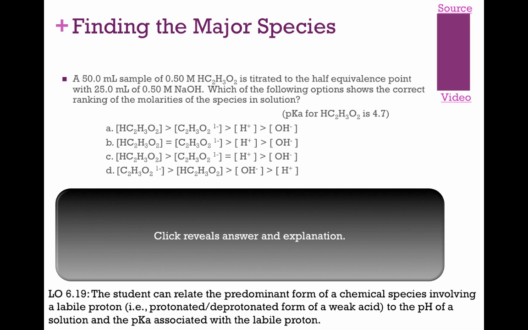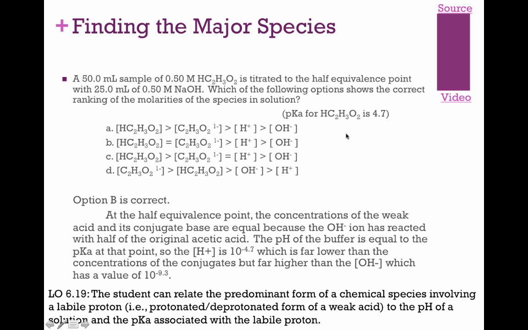What is true at the half equivalence point? pH equals pKa because your weak acid equals your conjugate base. And so when we look through this, we want to figure out what has our weak acid equaling our conjugate base, and then kind of going from there.